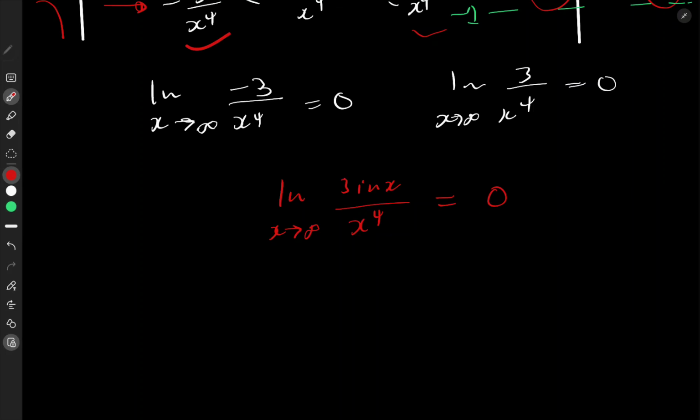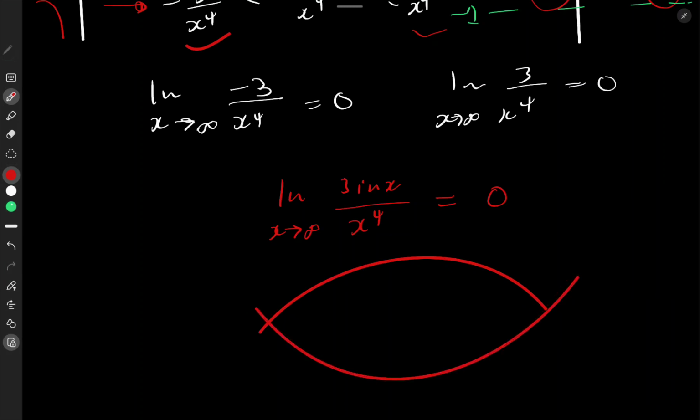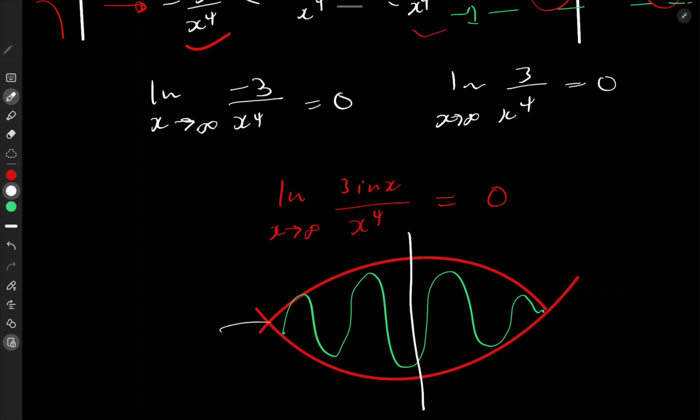let me say I have a function like this and another function like this, and the function in between contains an oscillating function like this. Let me say these are my x's. If you notice, this could be a parabola, or maybe a cosine function, who knows, and who cares? I don't.